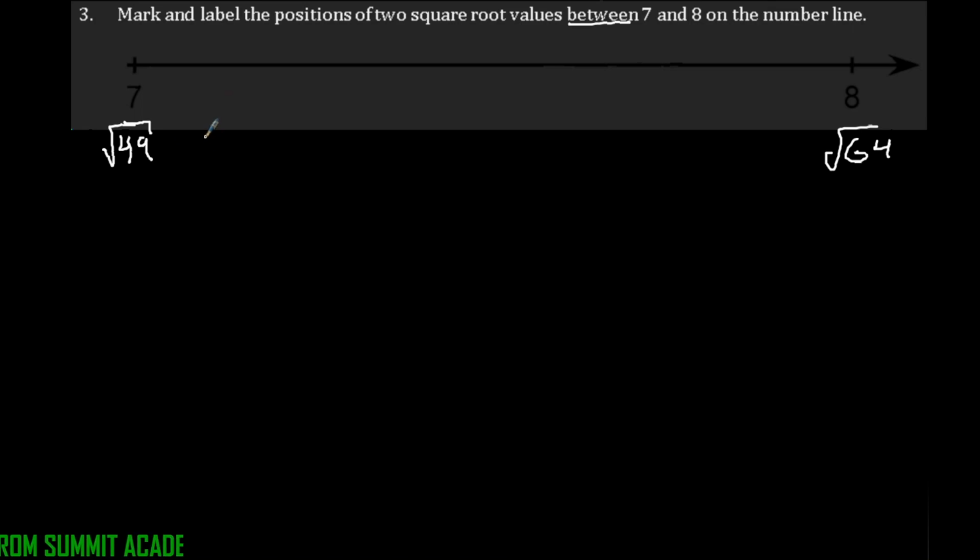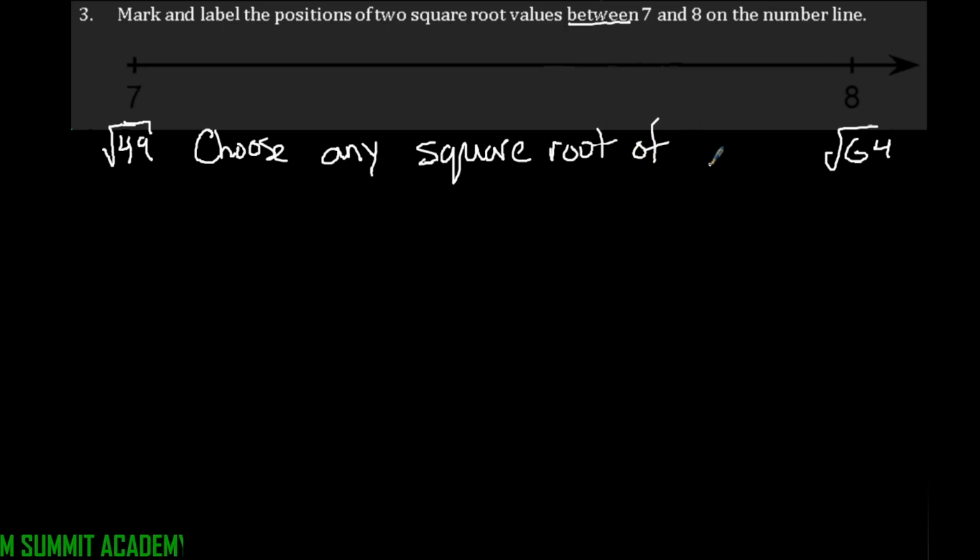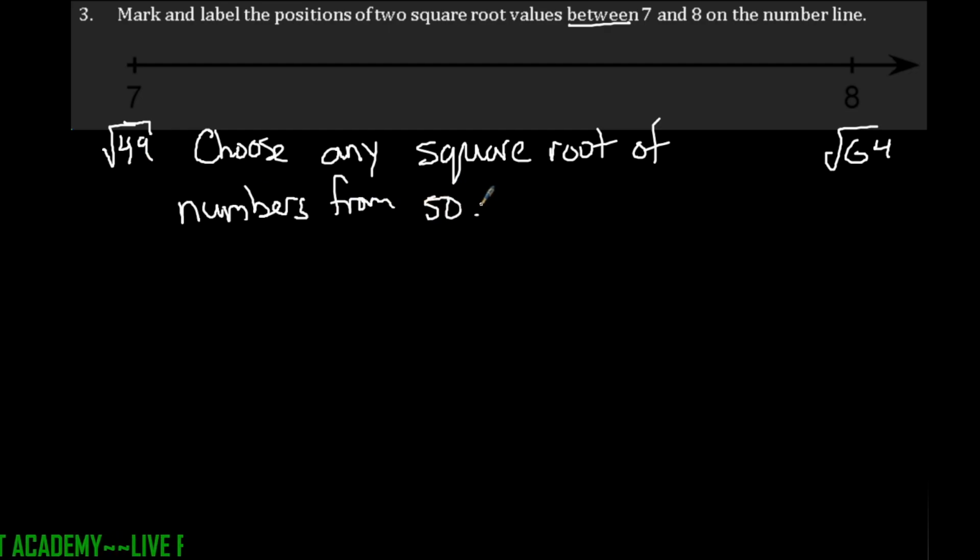So let me help you out here. I can say choose any square root of numbers from, so if I said the square root of 50 to the square root of 63.